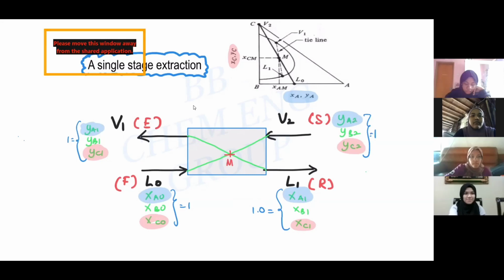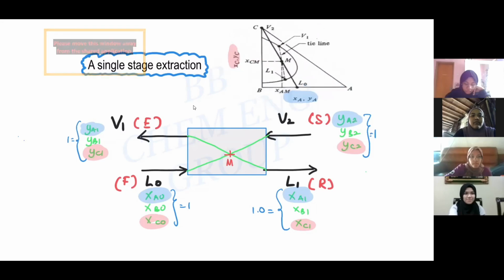Now let's look at this particular graph. Look at the lines given to you. L naught, you draw through to your V2. L naught to V2. L1 to V1 pula.